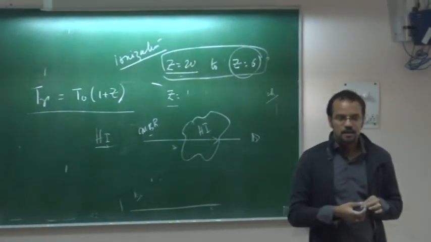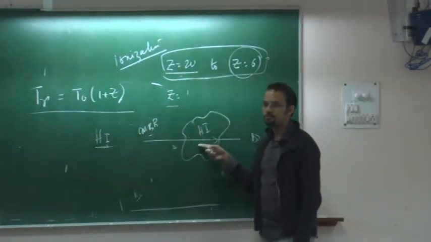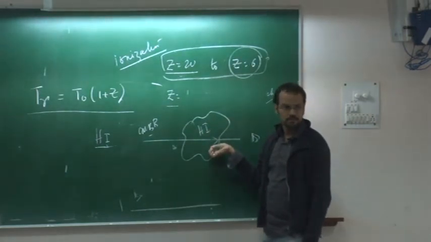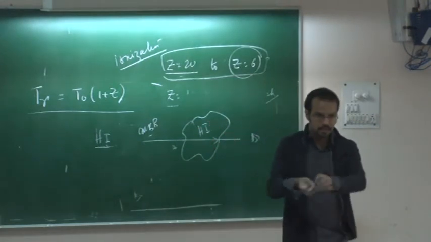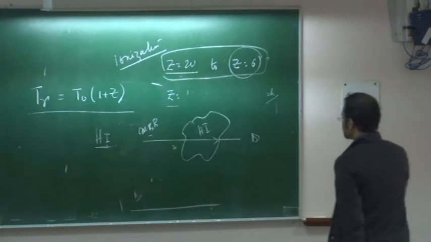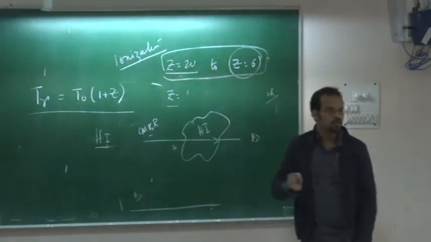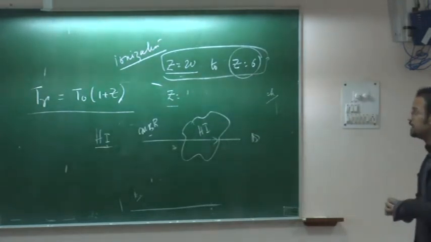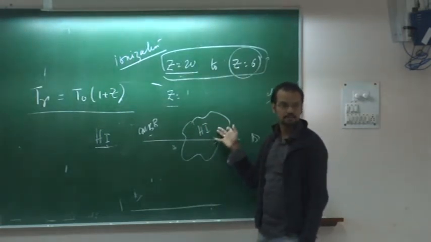So what can happen is that a CMBR photon, as it passes through, might get absorbed, right? Or there might be emission, with added photons coming due to emission, and thereby there can be either a dip in the temperature or an increase in the temperature, depending on what kind of transition is taking place in this gas.